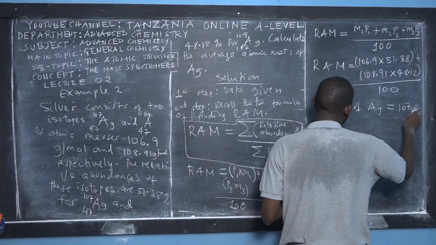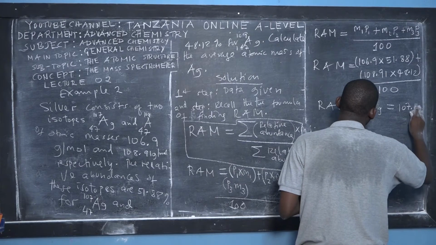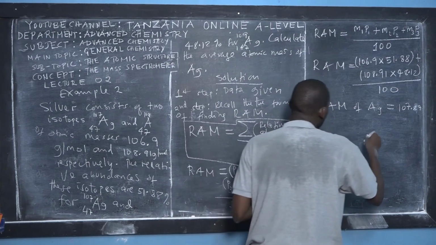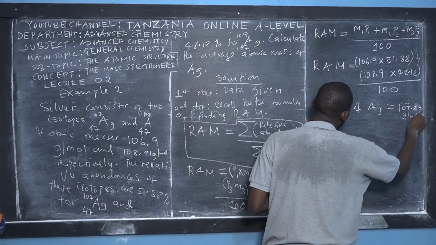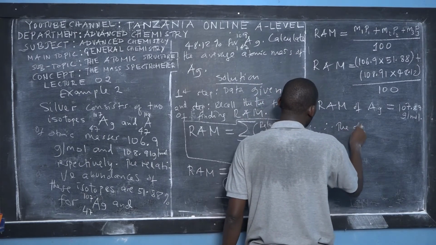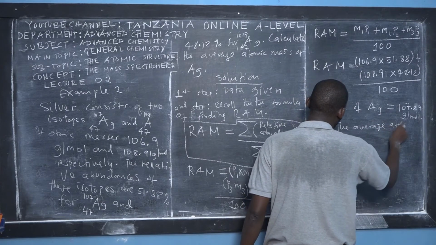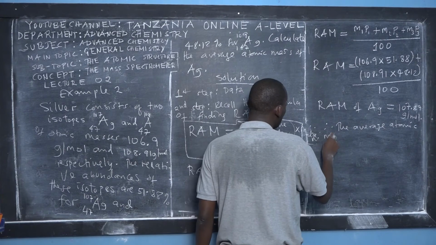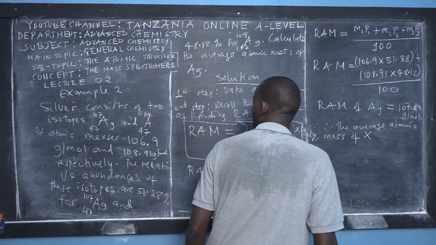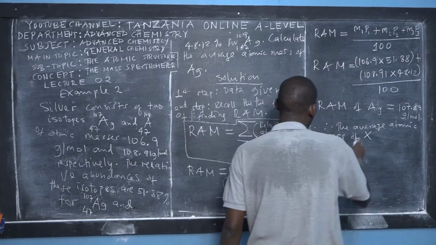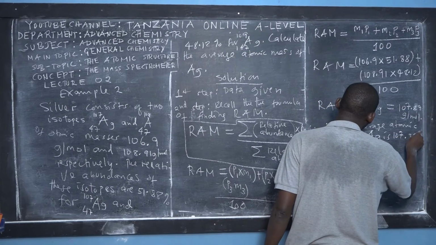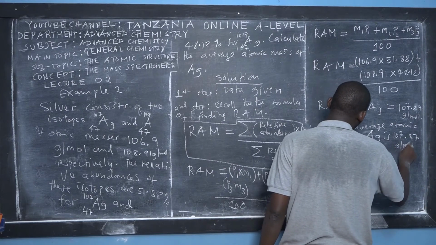So we just say that, according to this question, the average atomic mass of this element, that is of silver isotope, is 107.87 grams per mole.